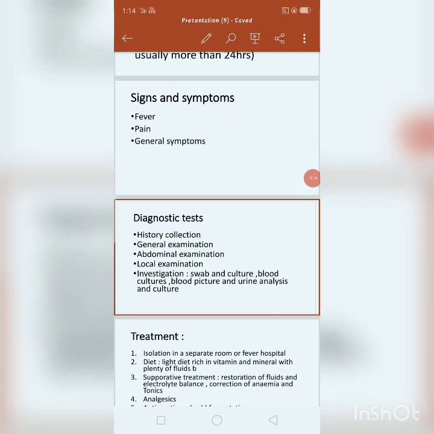Next is the abdominal examination: abdominal rigidity, tenderness, uterine size, tenderness, and abdominal masses related to the uterus, etc.